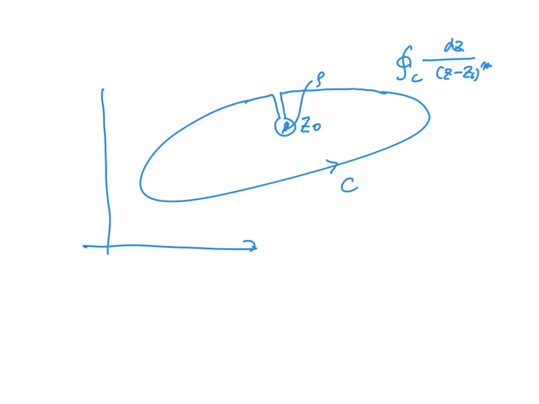Say this is C1, C2, C0, C3, and this gap is epsilon.